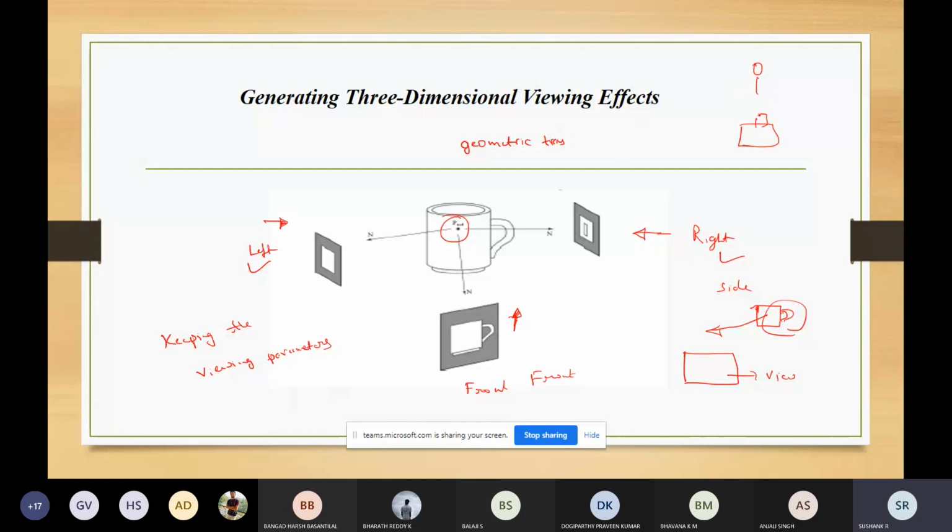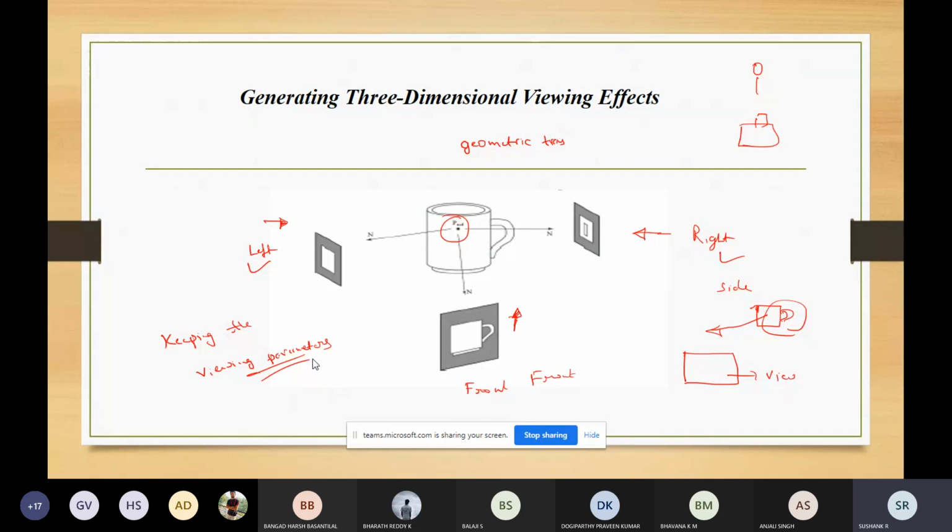Here the camera is not moving, meaning the viewing parameters will be kept constant. By keeping the viewing parameters constant, what you are trying to do is generate the different sides of the object, or different views of the object. So this is the next methodology.